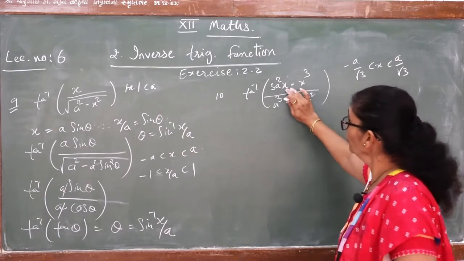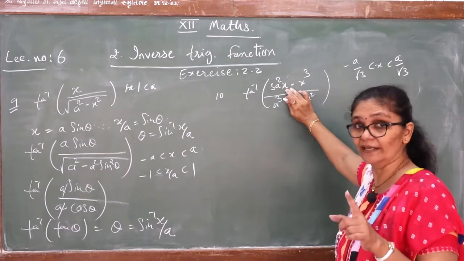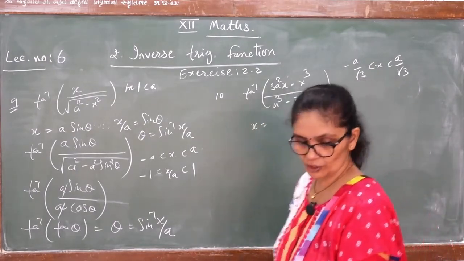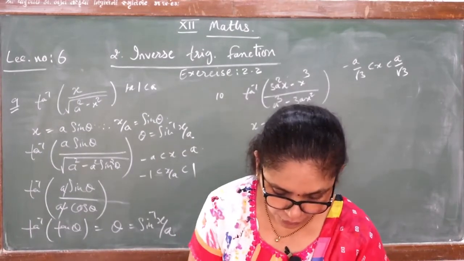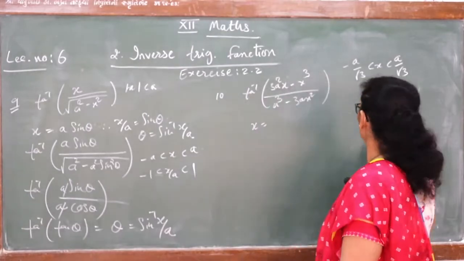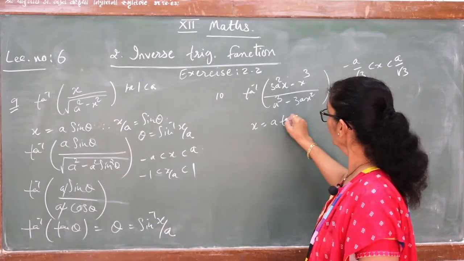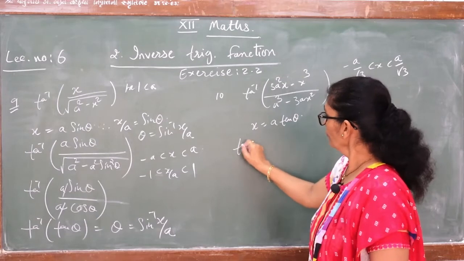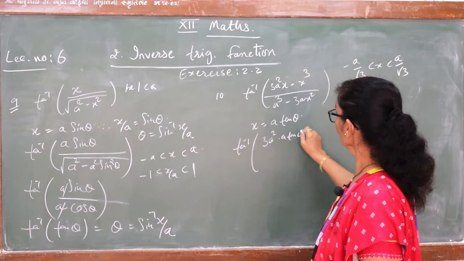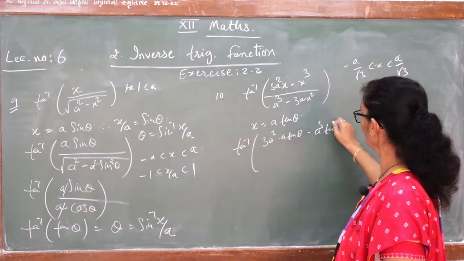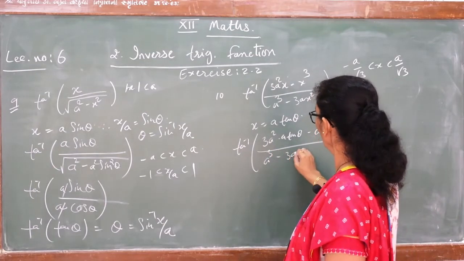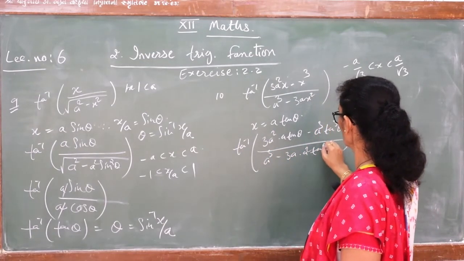Now here again the same, if you take the assumption with tan, it is your tan 3 theta formula only. So we can take the assumption, we have tan 3 theta, and the given interval is minus a by root 3 to plus a by root 3. So x equals a tan theta, we will take the assumption. Tan inverse of (3 a square a tan theta minus a cube tan cube theta), because the cube is given, upon a cube minus 3a square tan square theta.